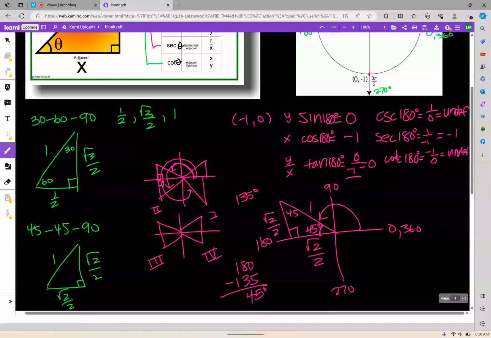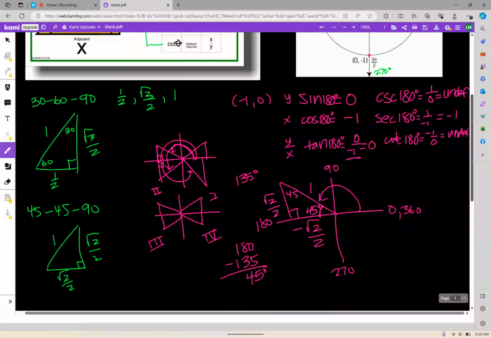Now, I want you to think about we're in quadrant 2. X is negative, Y is positive in quadrant 2. Got it? Now we can do our 6 trig ratios. I'm just going to have you do 3 right now.